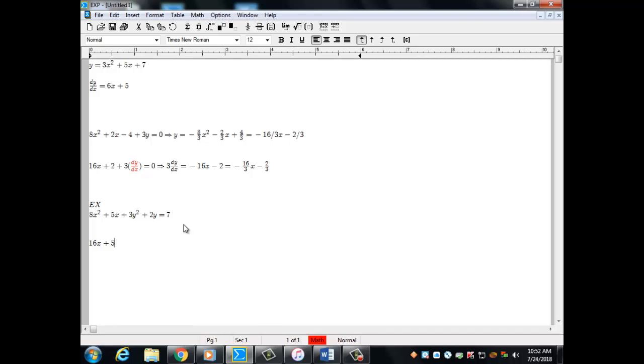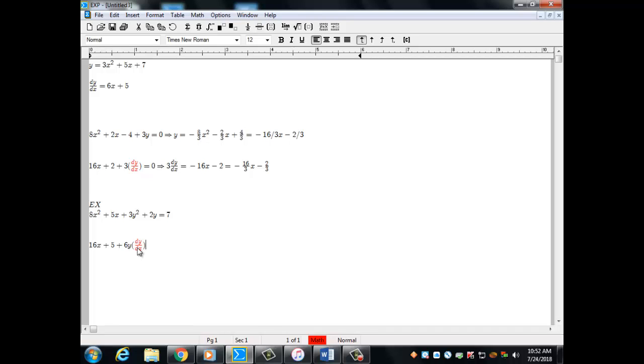Where I apply that dy/dx is on my next piece, right? 3y squared is going to be 6y, but because the letter is not an x, I'm going to go ahead and apply that dy/dx there.